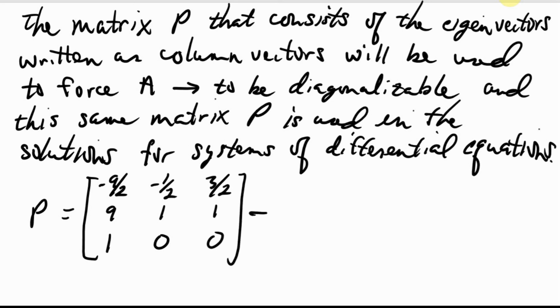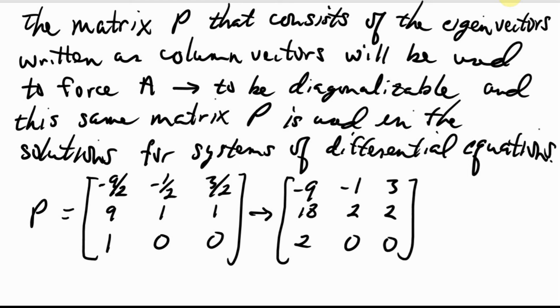Now you could do the equivalence, how we converted that, and we ended up with negative 9, 18, just multiply that vector times 2. And then that next one, negative 1, 2, and 0, and then 3, 2, and 0. So either one is fine. They're equivalent.